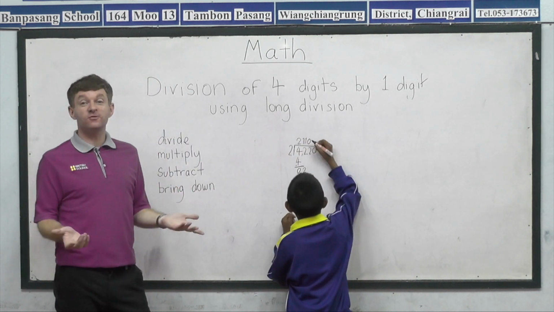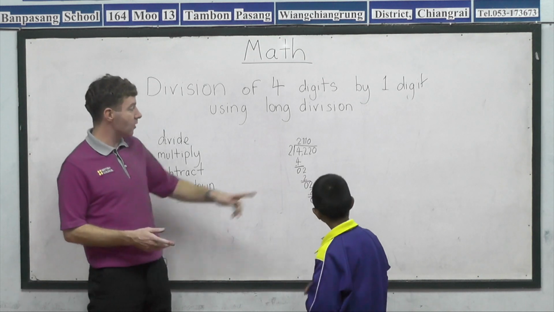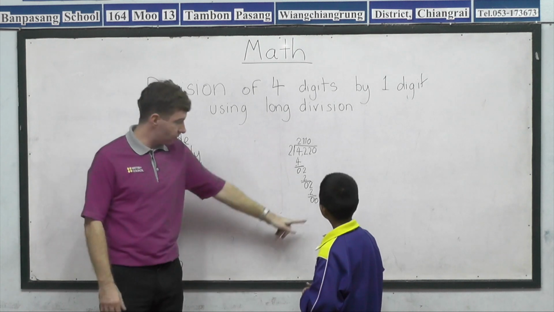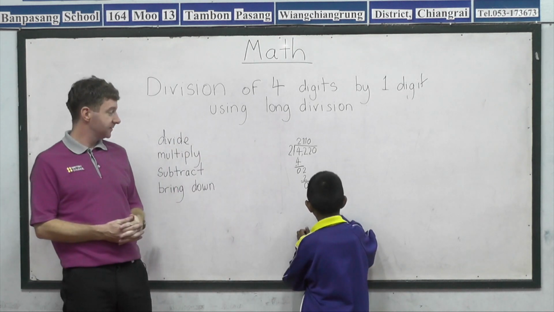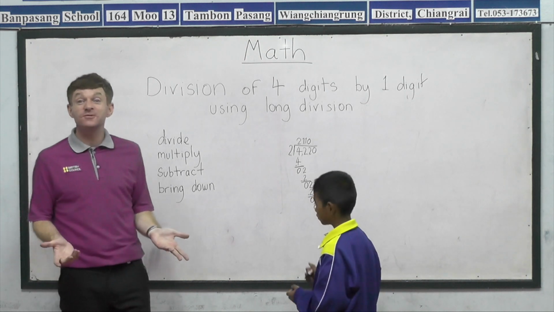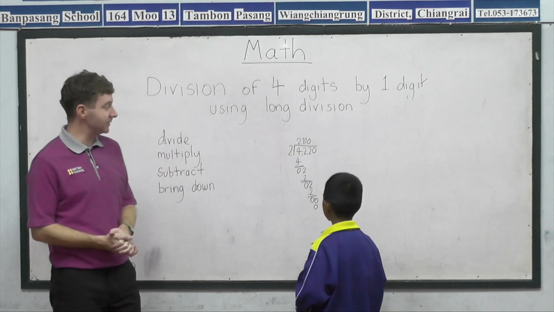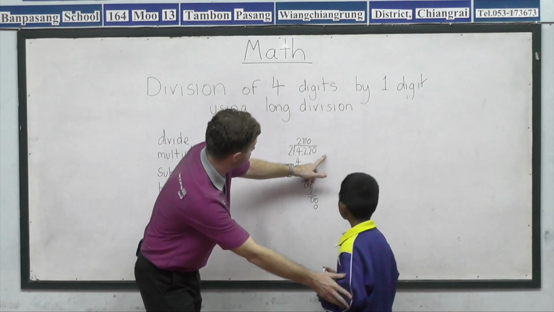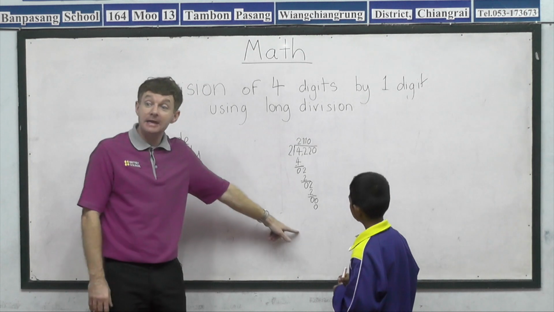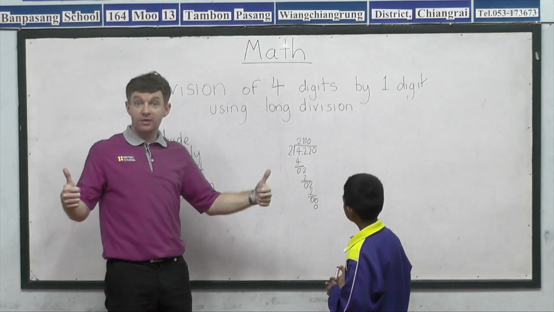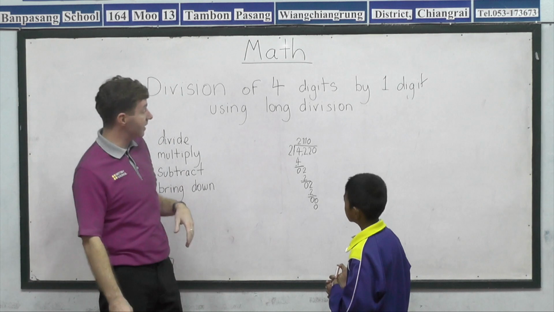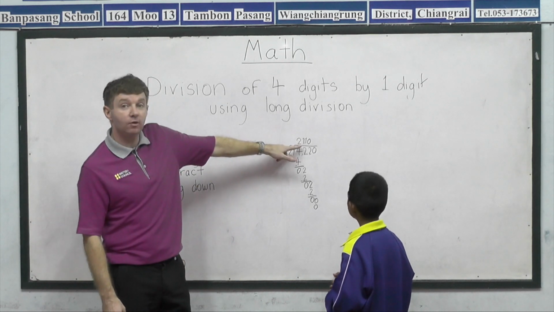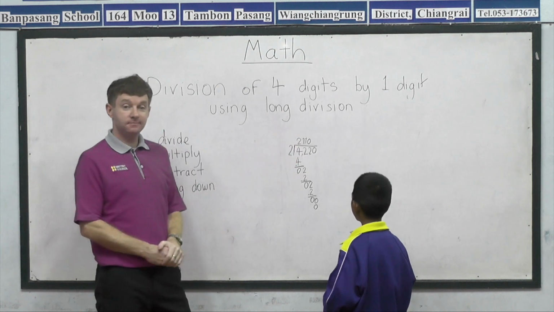Even though we've got 0, we'll still do the process just to show. 2 times 0 equals 0. So we write 0 here. 0 minus 0 equals 0. So now we're at the end. Do we have any more numbers to bring down? No. Do we have any remainders? No. So therefore we have our answer. Are you ready, Pat? 2,110 is our answer.